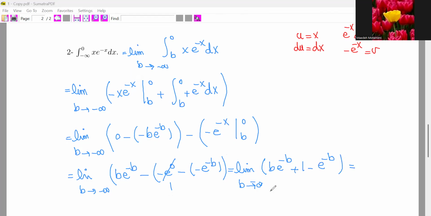When b is approaching negative infinity, for this one we would have infinity times infinity, and also here infinity. So altogether we would have infinity as the answer, and this will also be divergent.